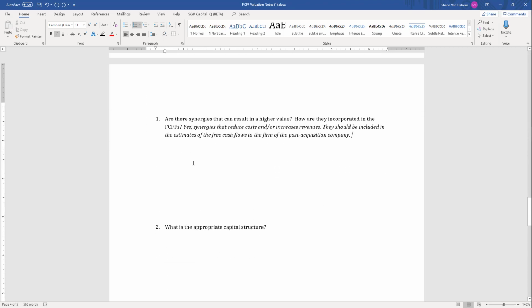What is the appropriate capital structure? So again, you're taking two companies coming together, and it's going to depend a little bit on the size of the companies. So if you have the acquirer that's much larger than the firm being acquired, then it's going to weigh pretty heavily on the capital structure of that acquiring company.